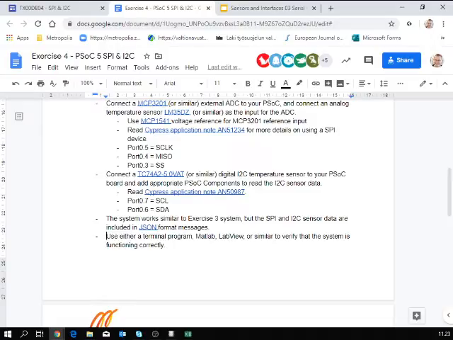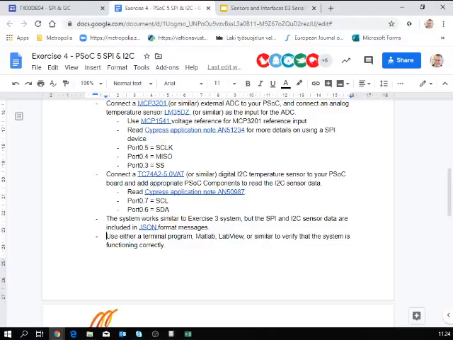So select these on your device. I'll connect the MCP 3201, which is the SPI bus A to D converter, and read the data sheet. It's right behind that link.